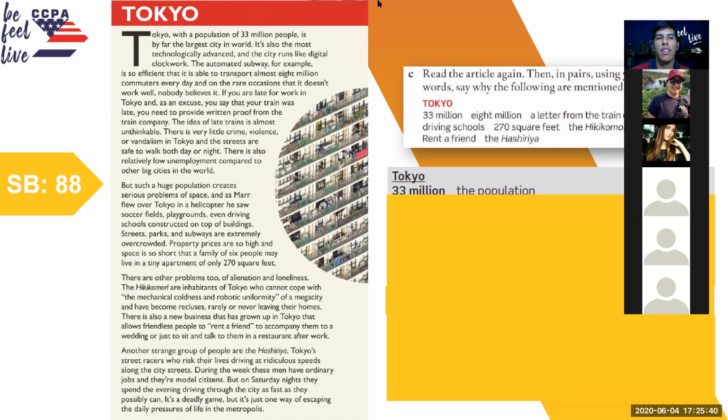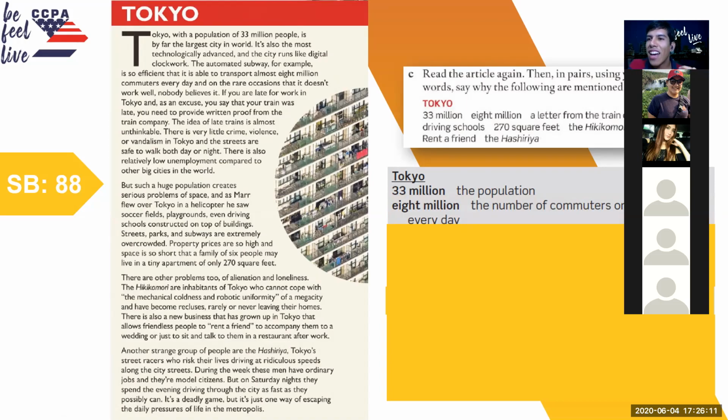So what do you think the number refers to? It refers to the commuters. Commuters is simply the people who move from one place to another, okay? That is commuters. Thank you, Macarena.